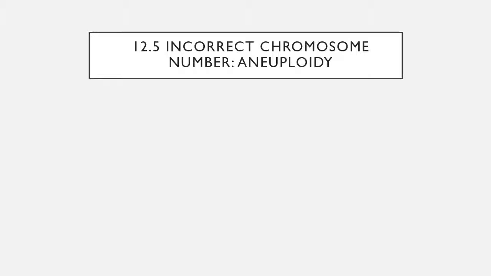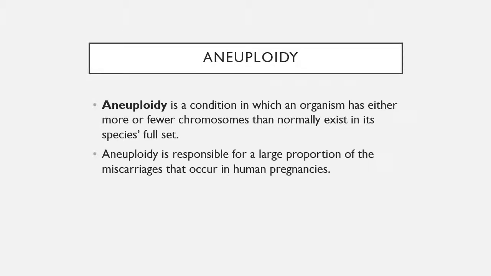Now, you can have an incorrect chromosome number of just one of your chromosomes, and this is called aneuploidy. Aneuploidy is a condition in which an organism has either more or fewer chromosomes than normally exist in the full set. So not a full copy of every single chromosome. Remember, you have 23 pairs of chromosomes, but just an extra copy of one of those chromosomes.